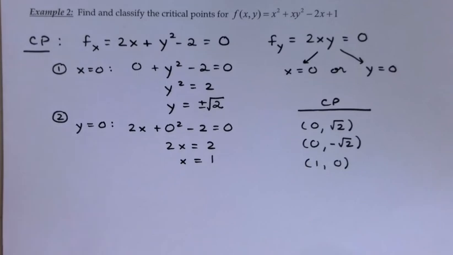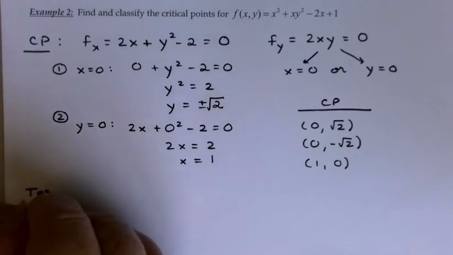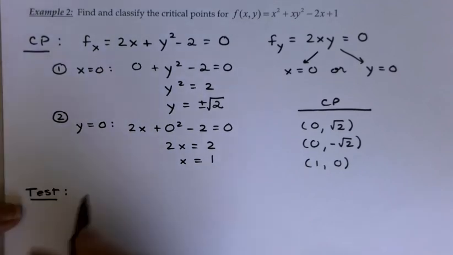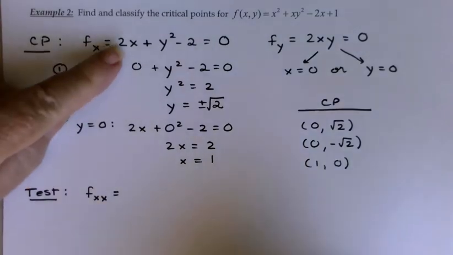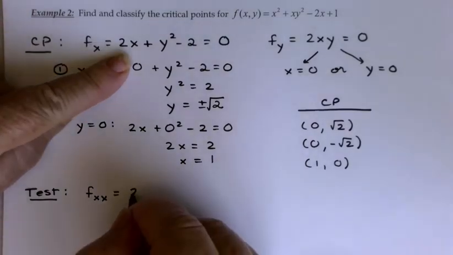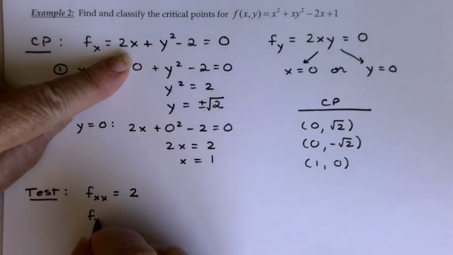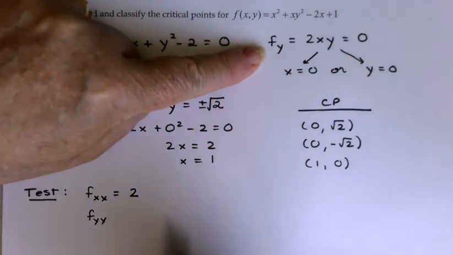All right, let's test our critical points using our second derivative test. I will need, first of all, those second derivatives. So f sub xx looks like it's just going to be 2. f sub yy will be 2x.